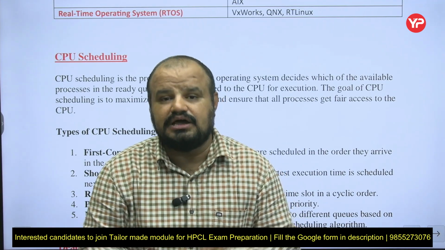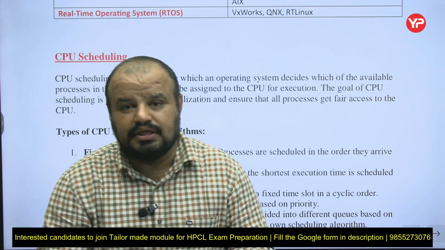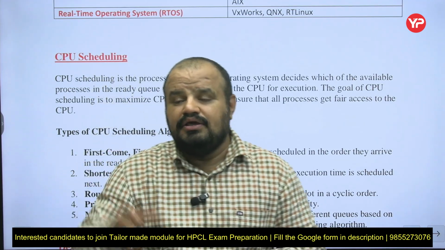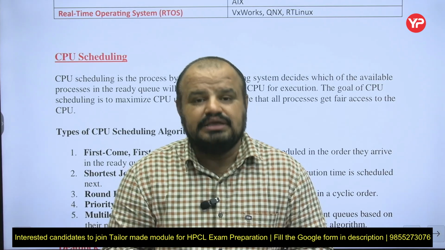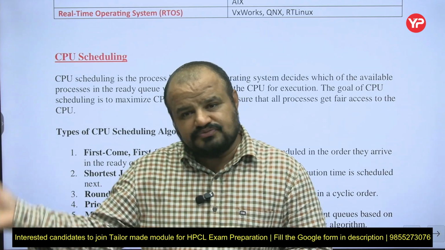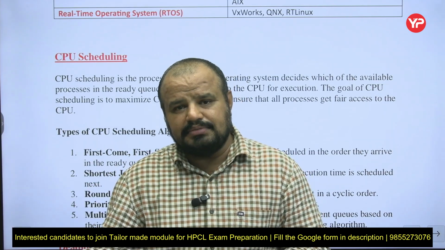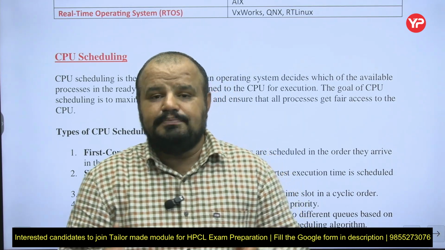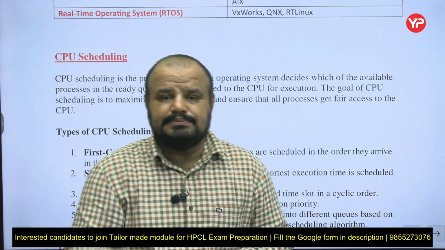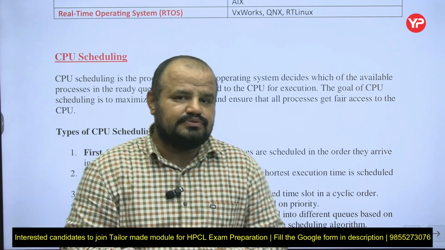What is process? A program under execution. And execution is possible when that program resides in the main memory instead of the secondary memory. That's why when a program from the secondary memory comes into the main memory, we call it a process, because a process is a program under execution.